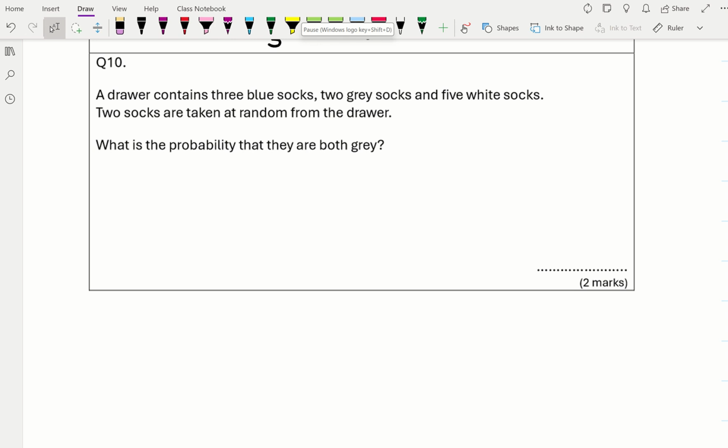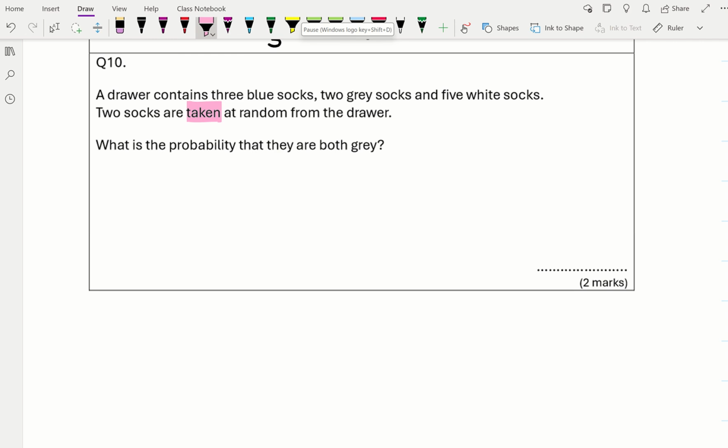And then question 10 says, a drawer contains 3 blue socks, 2 grey socks, and 5 white socks. 2 socks are taken from the drawer at random. They are taken. Once you've taken one, the number of socks that you can take goes down by 1. It's not that you take them, look at them, and then put them back.